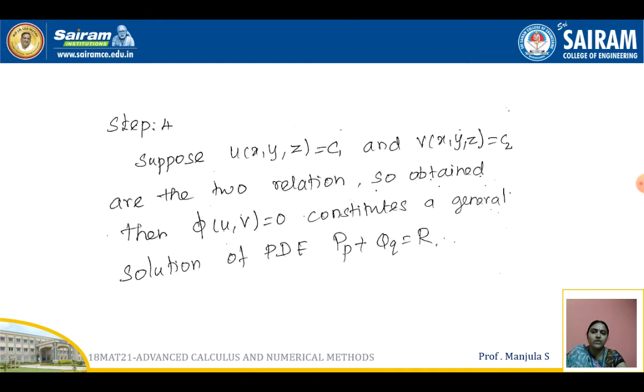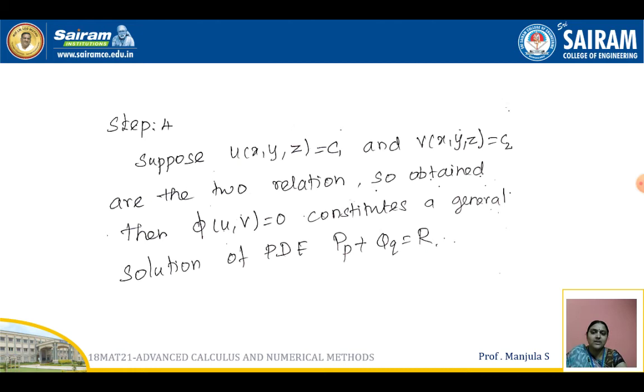That solution we can represent in the standard form: u of xyz equals c1 and v of xyz equals c2. Here c1, c2 are arbitrary constants, and u and v are the two relations we got on integration with the help of those multipliers.